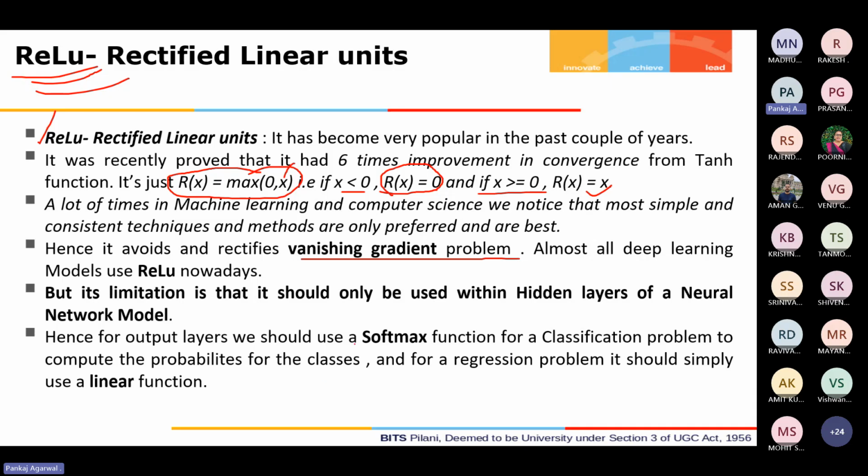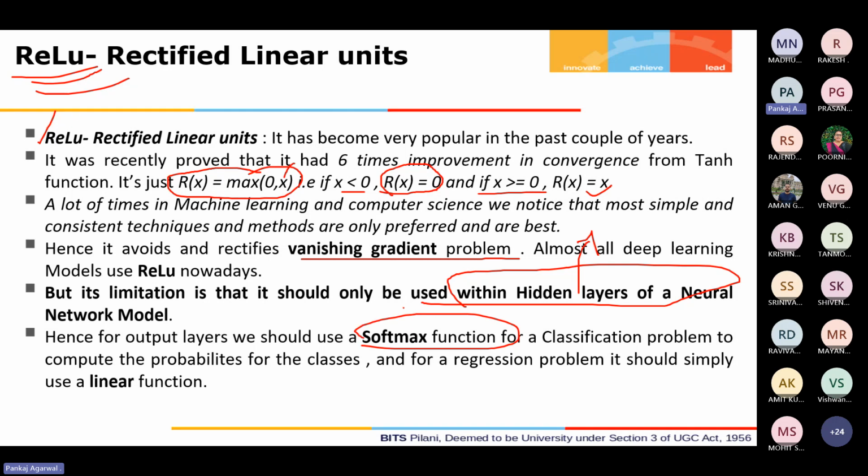The limitation is that it should only be used within the hidden layers. Whenever you see even the biggest of networks, the hidden layers would always be marked by ReLU activation functions. For the output layer, we do not use ReLU.